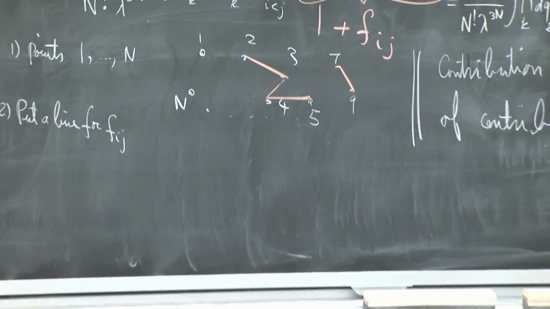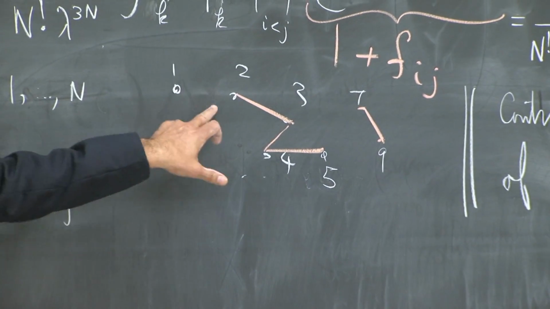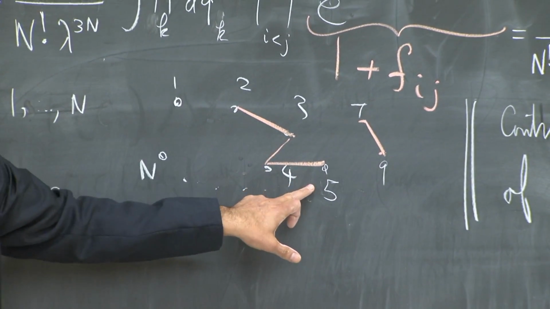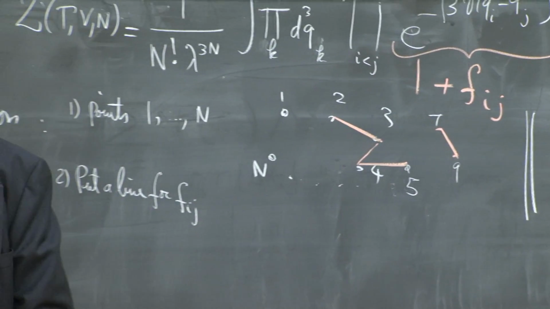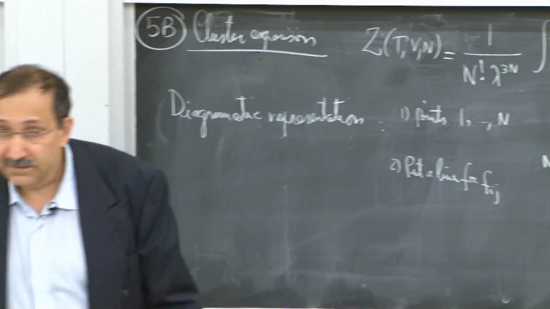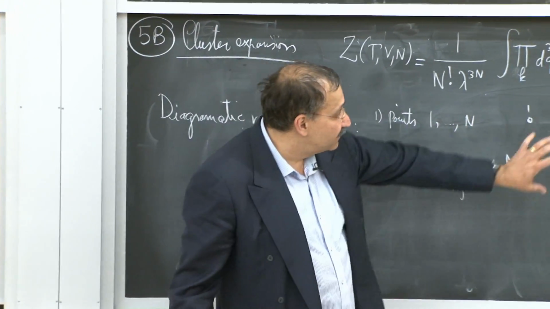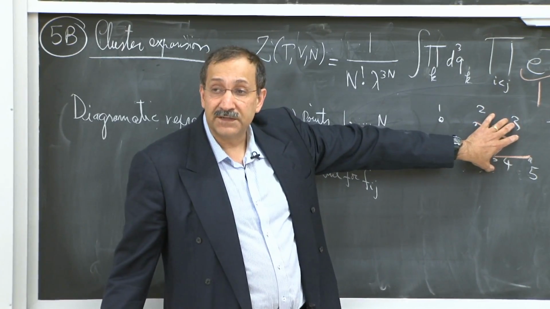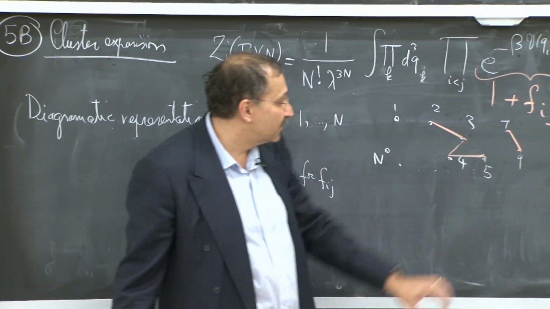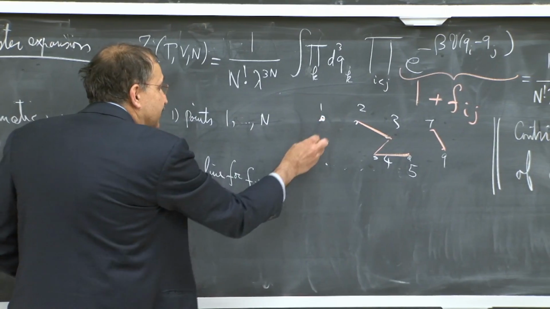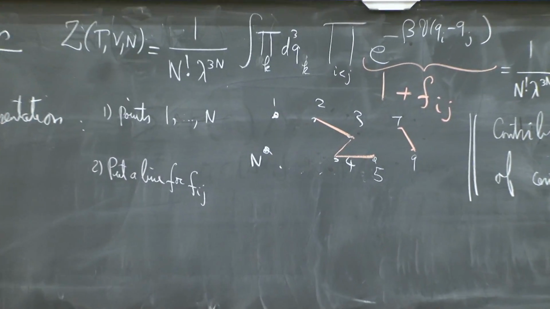Okay? So when I do the integrations over Q2, Q3, Q4, Q5, I don't really rely on any of the other things. So my integration here will break up into the integration that involves this, the integration that involves this, as well as integrations over all of these points that are not connected to anybody.